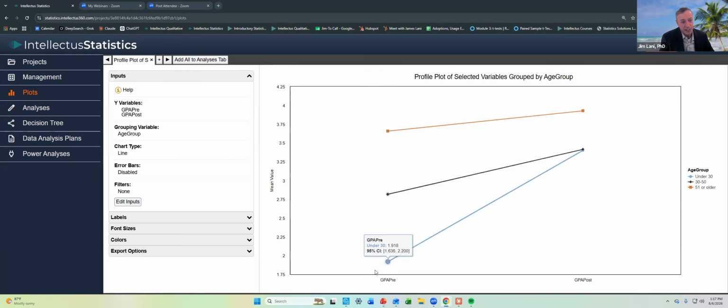So here we can see the age groups over to the right. And then you can scroll over to say, hey, gosh, it seemed like there was a large difference of GPAs, okay? And then how they changed over time from pre to post, okay?